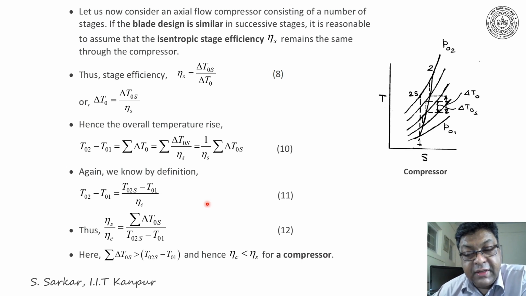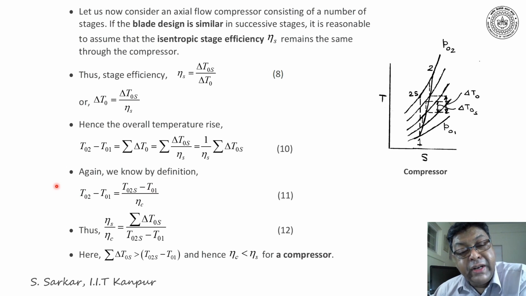Thus what equation number 10 says is that the overall temperature rise T02 minus T01 of the compressor is equal to 1 by eta S times the sum of all isentropic temperature rises through different stages.